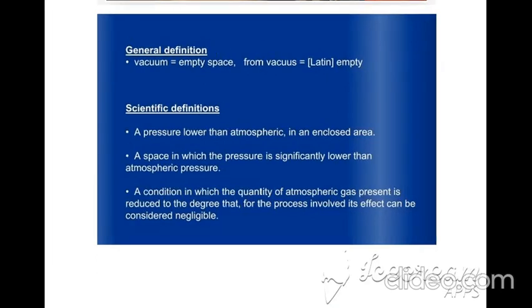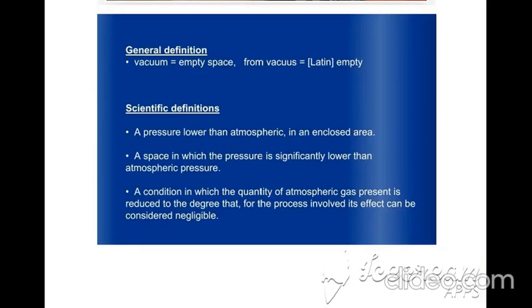If we proceed to scientific definitions of vacuum, all have the same concept, which is pressure lower than atmospheric. But for more understanding, we visit these definitions. According to the scientific definition, vacuum is a pressure but must be lower than atmospheric pressure.